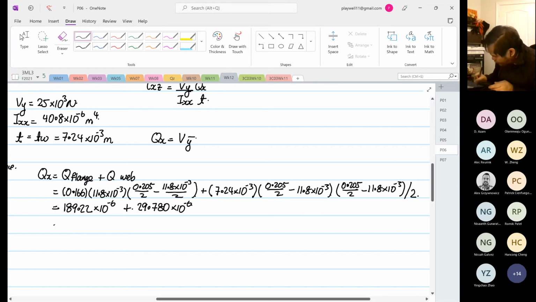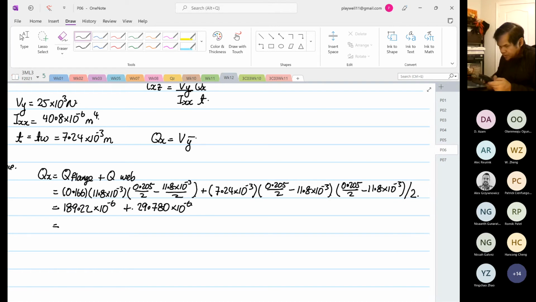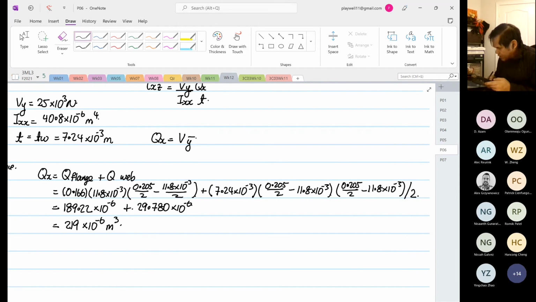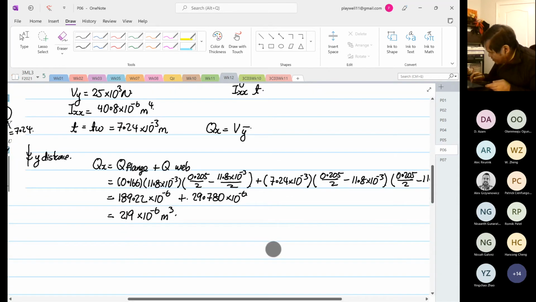So this will be equal to 189.22 power minus 6 plus 29.780 power minus 6, which is equal to 219 times 10 to the power minus 6 meter cube. Let me check: 189.22 plus 29.78 is 219. Okay, so now we've got everything.